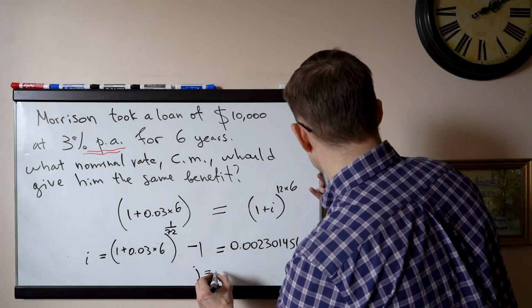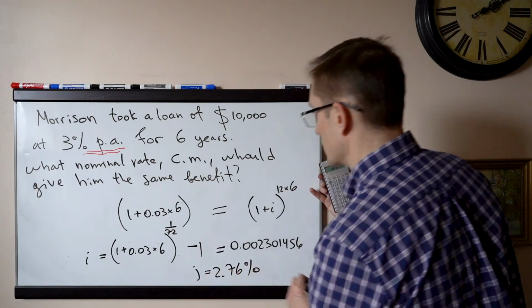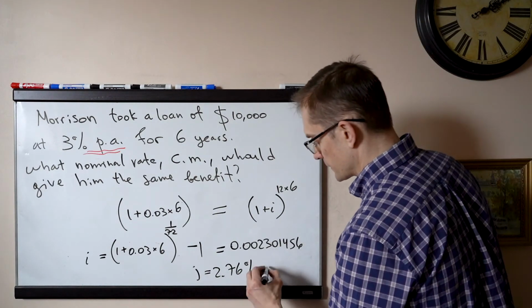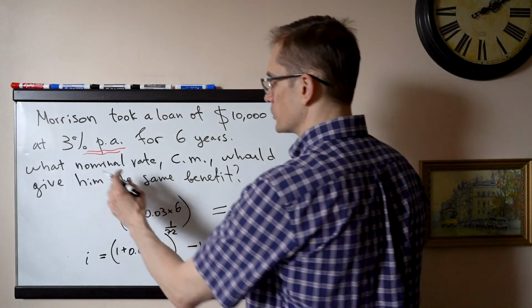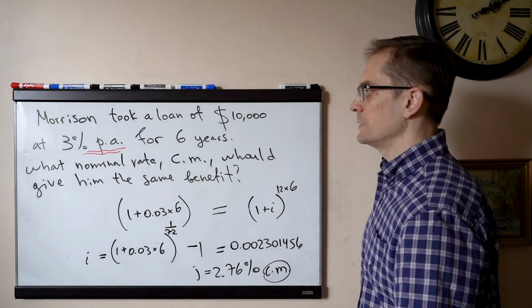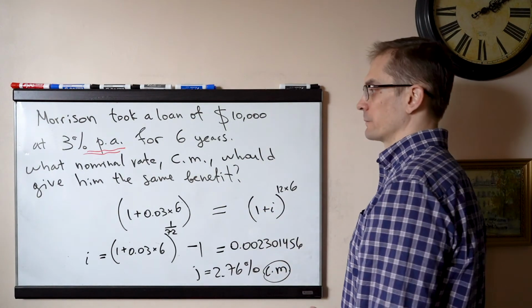And rounded to 2 decimals is going to be 2.76%. So 2.76% compounded monthly is equivalent to 3% PA over the course of 6 years, which is an important part.